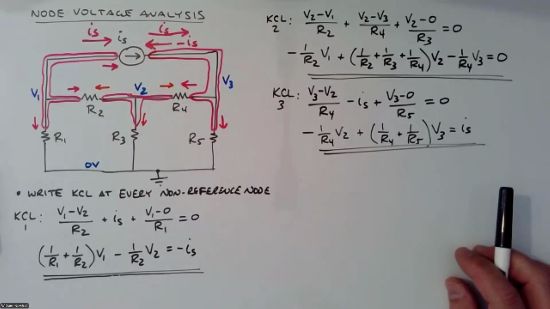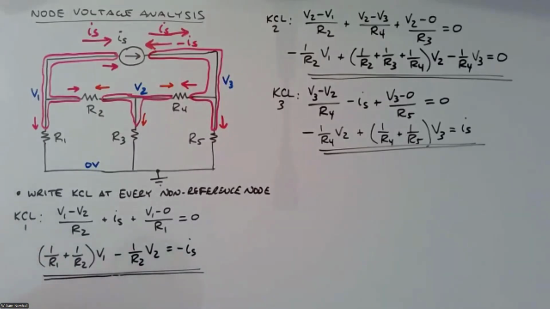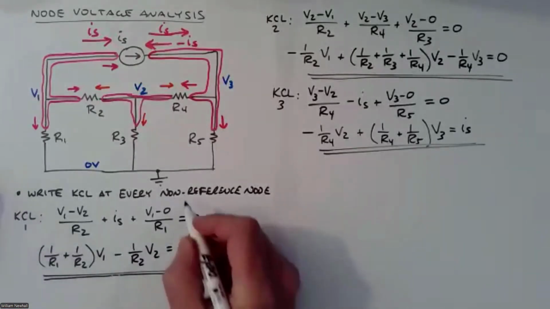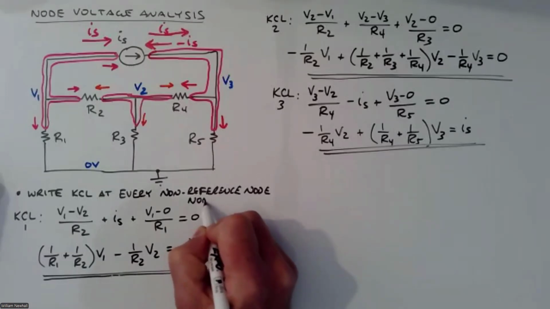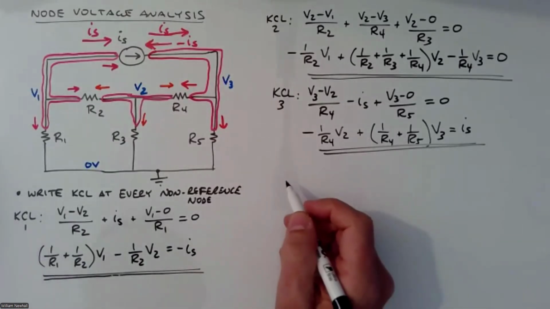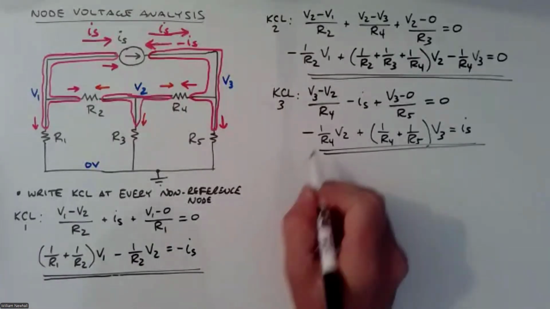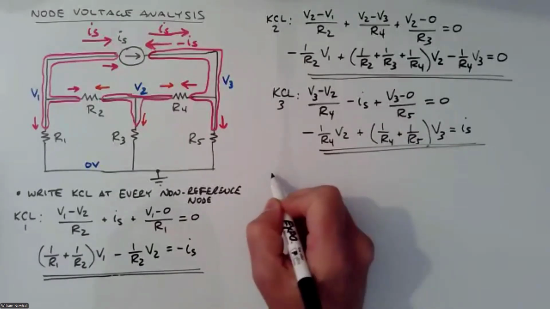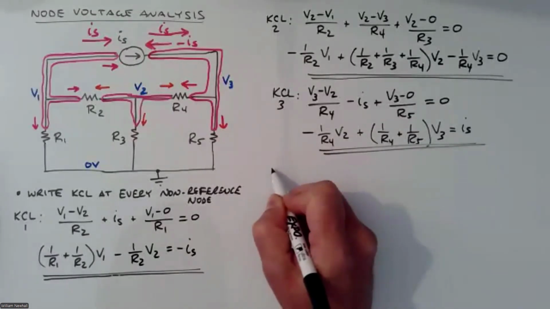So you can do that. You can use an equation solver, whatever you want. Let me show you what I do. I'm going to express these three equations in a matrix form.